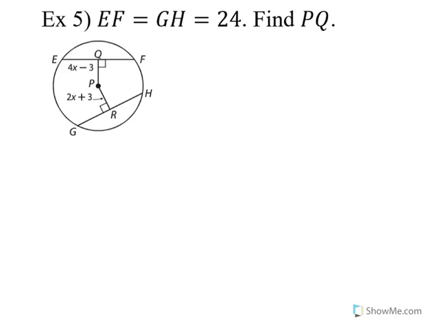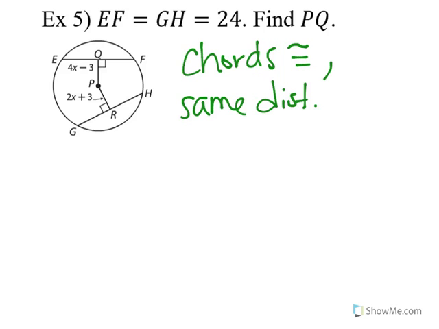Okay, and our last example we're going to talk about today, of course, uses that last theorem. They tell us that EF is equal to GH is equal to 24. So they're telling you that the chords are congruent, which means then that they are the same distance from the center.